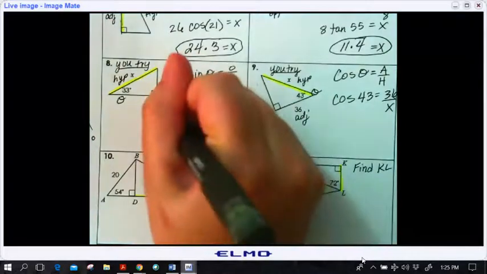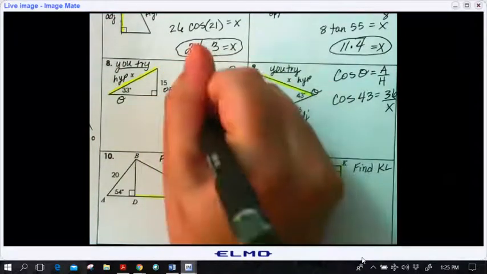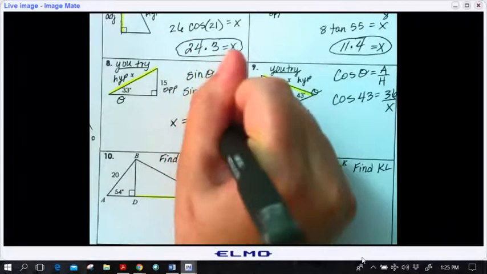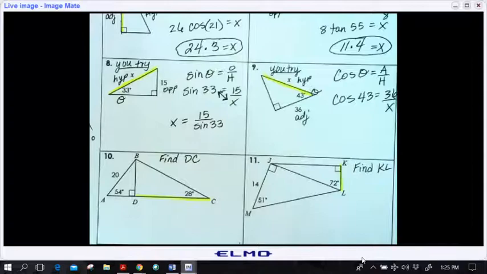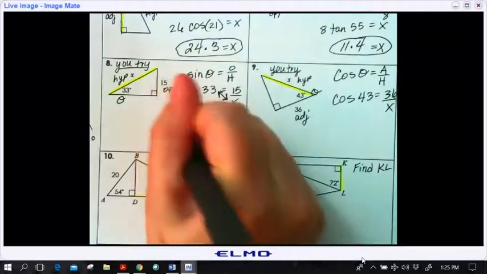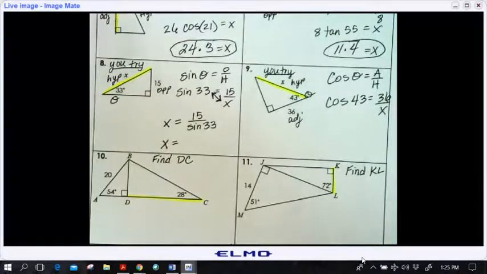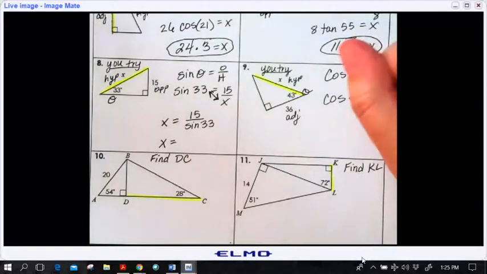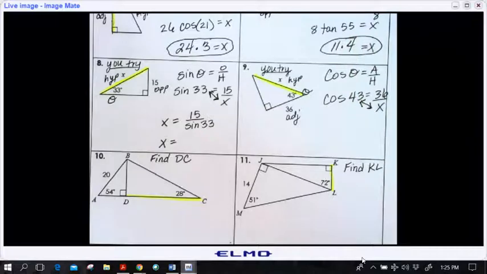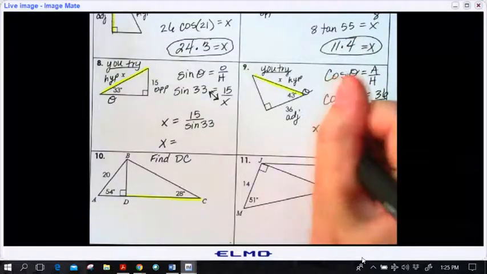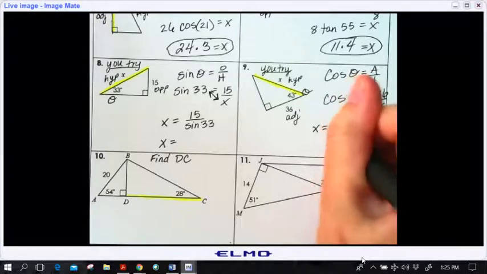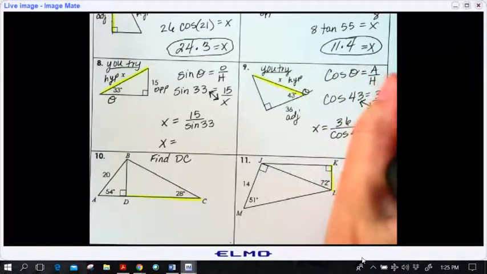So now I know x equals 15 over sine 33. And for my example number 9, again, all I need to do is switch these. And so now I know x equals 36 divided by the cosine of 43.